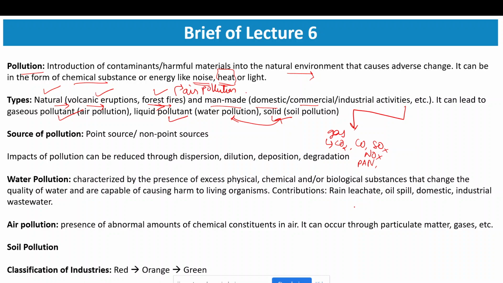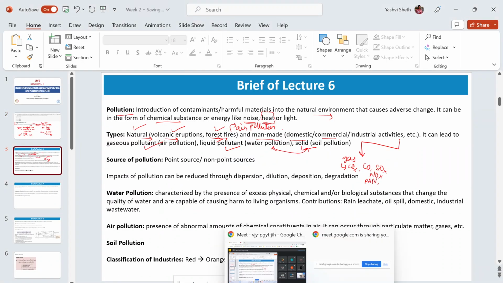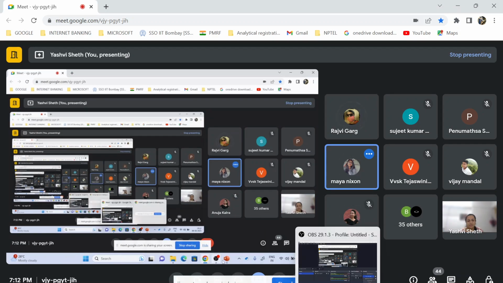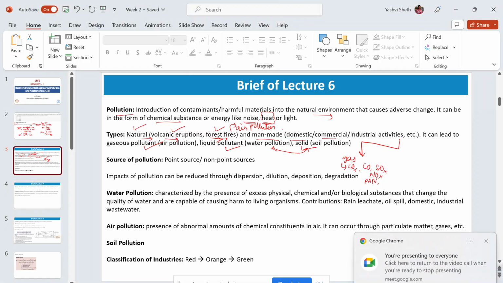So can somebody tell me the gaseous pollutant which used to be emitted to the atmosphere, and which was earlier used in refrigerators? Anyone? CFCs. Yes, CFCs are an example.